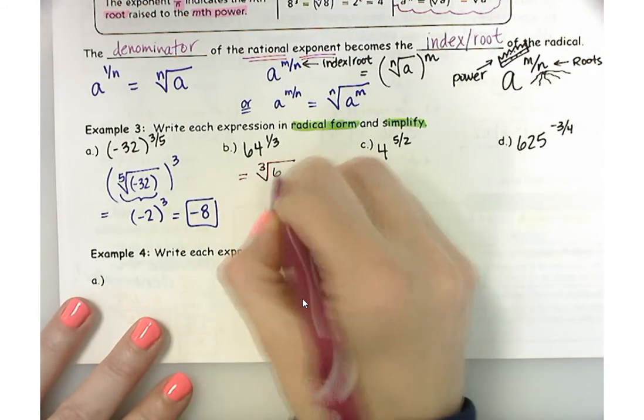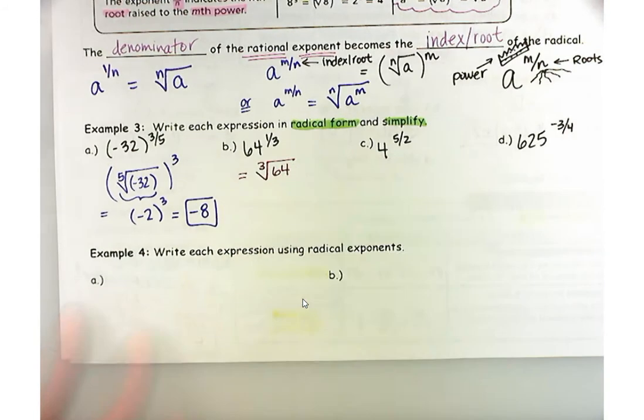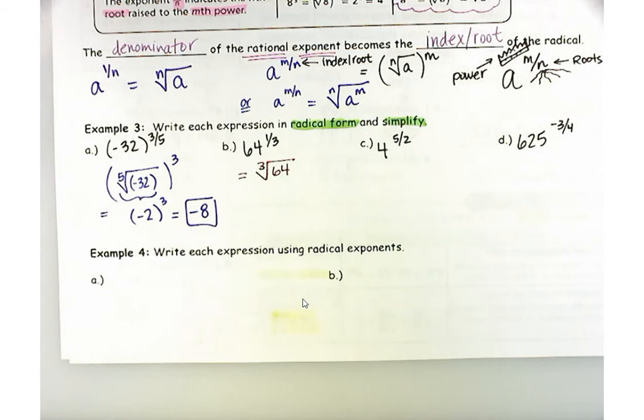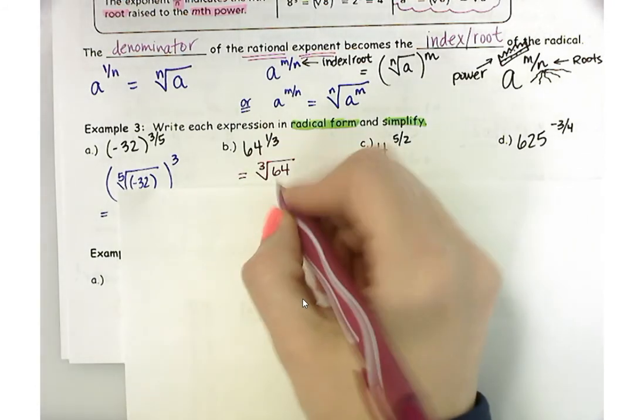We did a whole lesson on all the cubic roots, your perfect cubes. You wrote them down on the front. So some of you are going to recognize that right away, and you'll be able to just go to 4. I'm just showing you a different way. If you get to one where you don't remember if that's a perfect one or not, split it up into something that you do know.